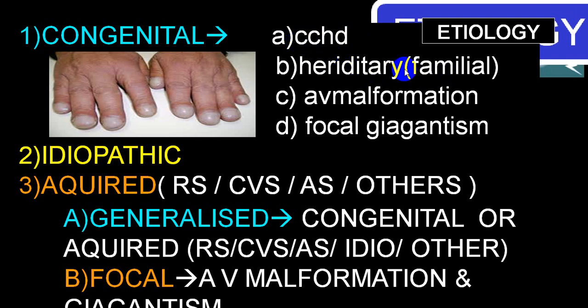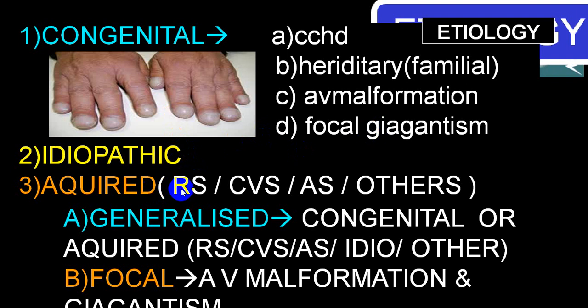Hereditary, or another word utilized is familial, is bilateral drumstick clubbing, and it is also generalized. But AV malformation and focal gigantism will usually be focal, involving one thumb or one finger or one toe, etc. While in idiopathic we cannot come to a definite diagnosis, then we label that as idiopathic.